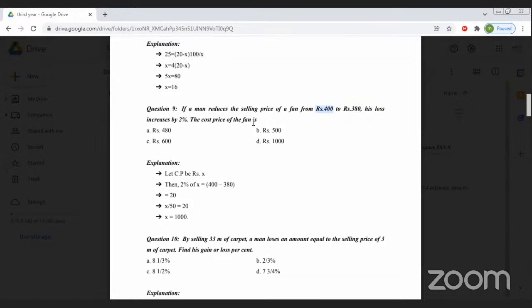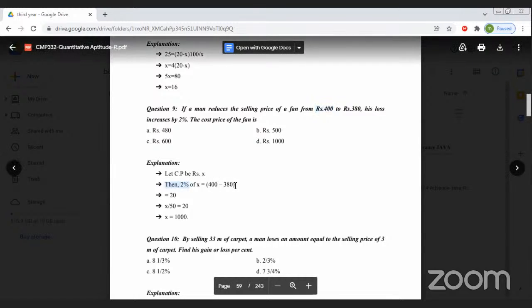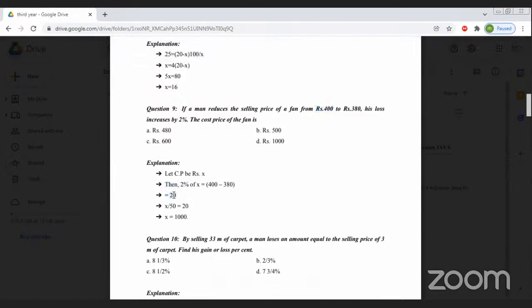The cost price of the fan is C. The selling price is reduced from 400 to 380, so the loss is 2%. So 400 minus 380, that is 20. So the cost price of the fan will be 20.